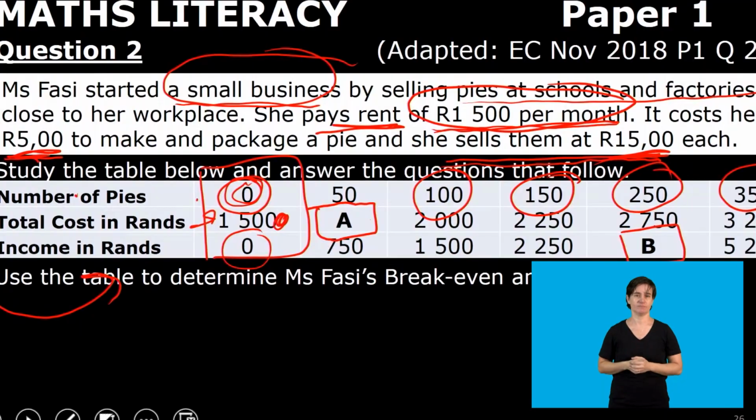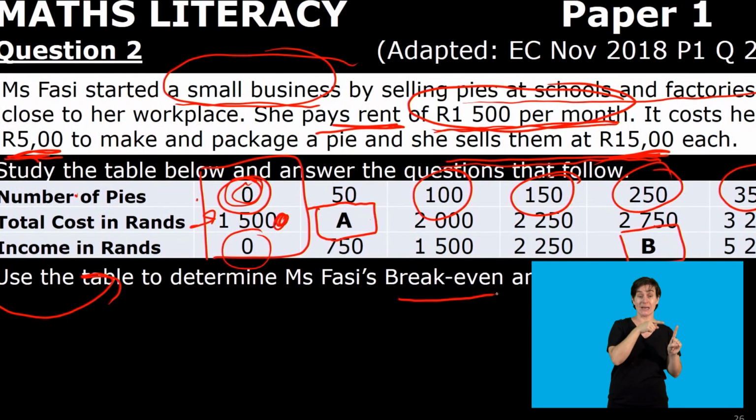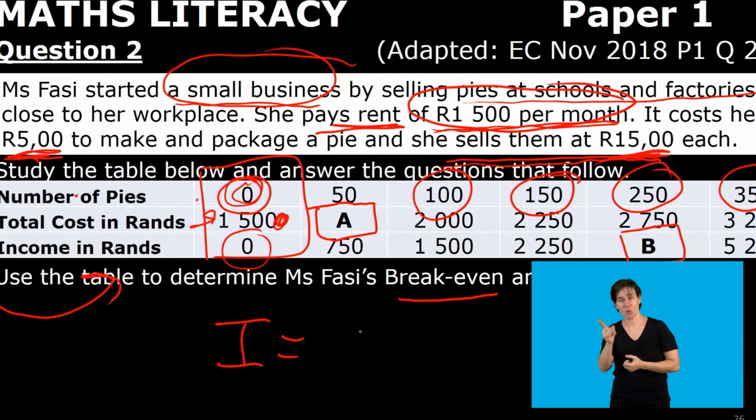Use the table to determine Mrs. Fassie's break-even amount. So what is a break-even amount? That is where your income and your expenses are the same. So the total cost and the income in rands, we can see it's not going to be at 0, 50, 100.